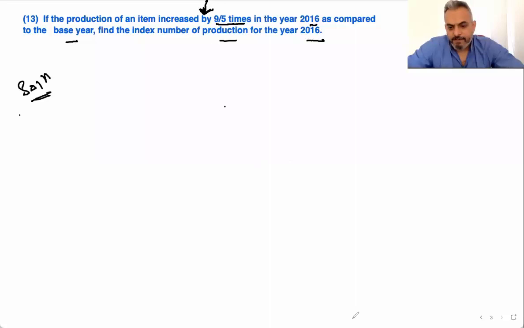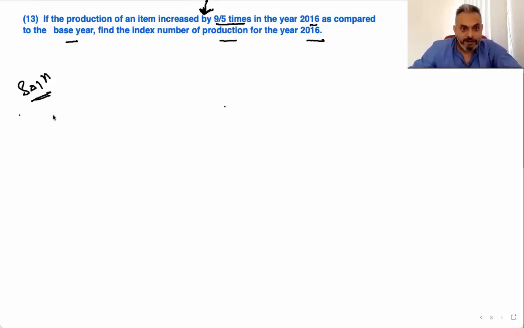Production of an item increased by 9 by 5 times, so 9 divided by 5, it comes to 1.8 times increase, as compared to the base year.